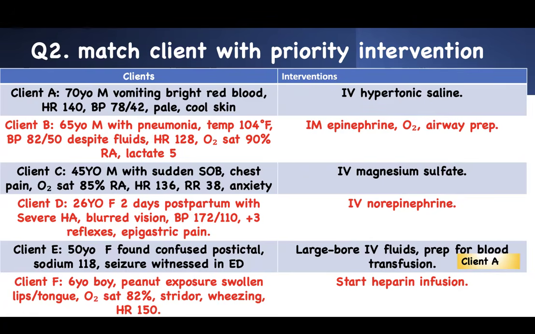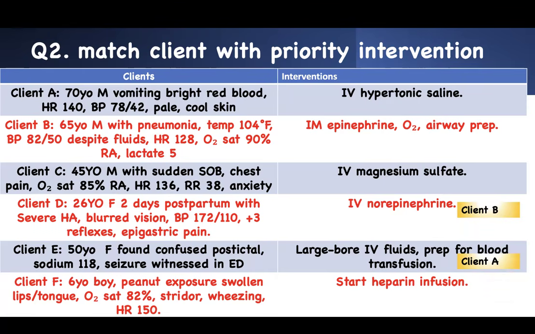It's time to squeeze. Which of the following can you use to squeeze? Is it hypertonic saline, IM epinephrine, magnesium, norepinephrine, or heparin? And you know that we have to give client B IV norepinephrine. Client C, that's what?